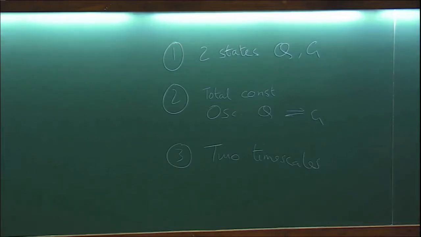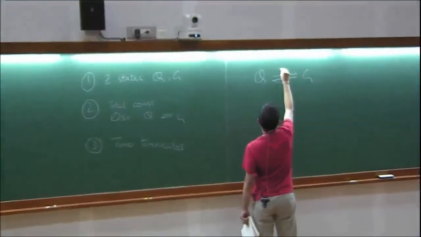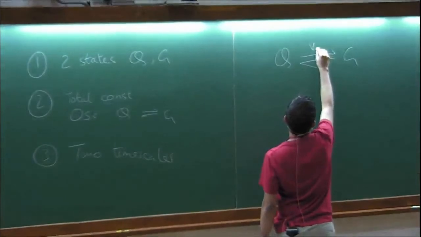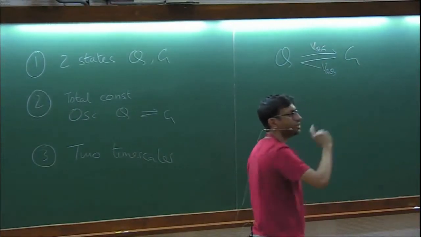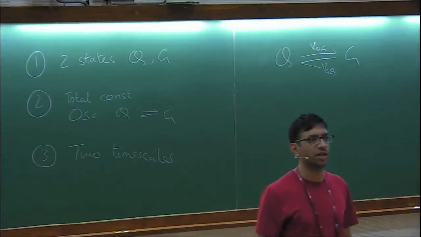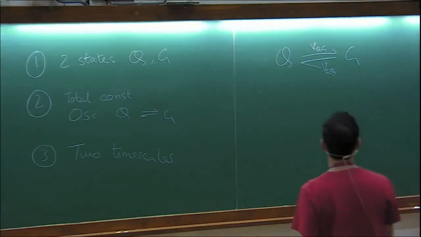So let's think about the kind of processes that can happen. Sunil mentioned that you can get switching from Q to G. So let me call the switching rate QG, and the switching rate the other way GQ. If that gets confusing, tell me, we'll change the notation. But I hope you can keep track of it.